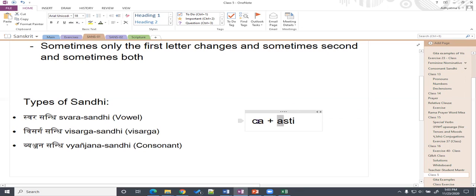So the Sandhi will take place, akara plus akara, and we'll see some Sandhi rules. This Sandhi rule says akara plus akara becomes akara. And here we will have cha plus asti, chasti. Like that the word will change.